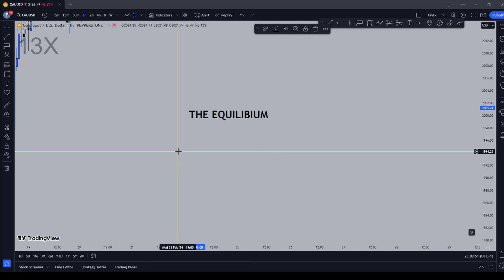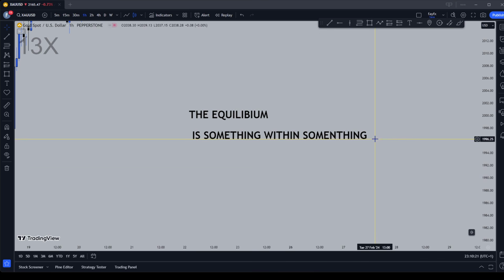Equilibrium is something within something. Right? Within something. For example, we have a V level in X time frame.